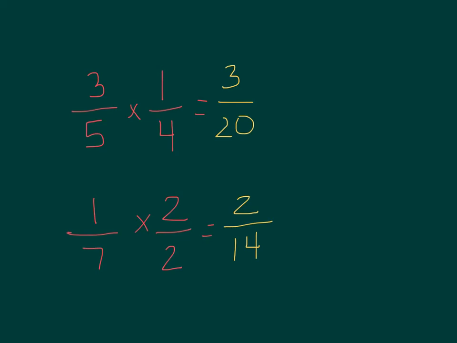In this example, I can reduce because I have two even numbers, and I know that when I have two even numbers, one is my numerator, one is my denominator, I can always reduce those fractions by dividing by 2. If I divide both of them by 2, 2 divided by 2 is 1, and 14 divided by 2 is 7, for an answer of 1/7.